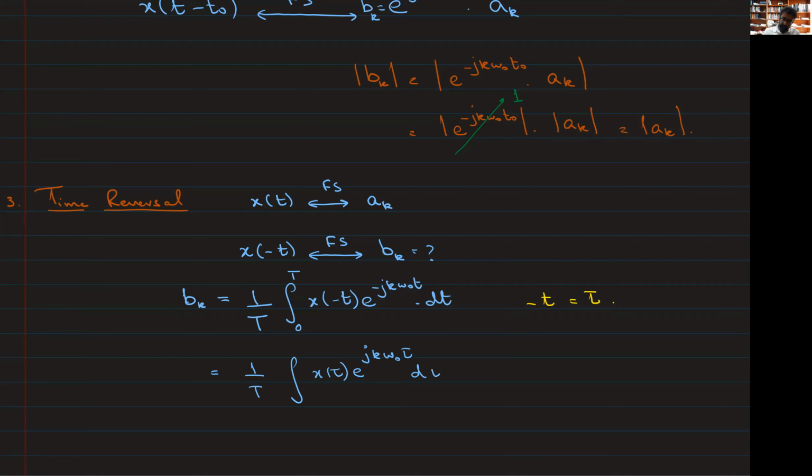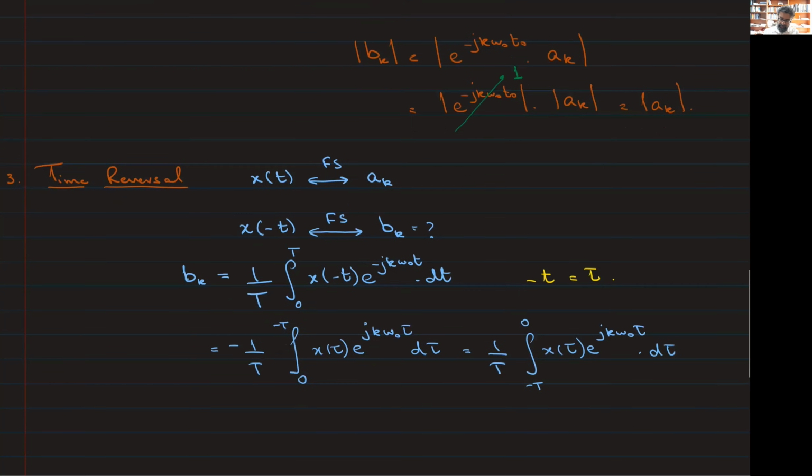So there's a minus sign here outside, and the limits are 0 and minus T, right? Now I can incorporate the minus sign inside of the integral. So this is 1 upon capital T, the integral from minus T to 0 of x of tau e raised to the power j k omega naught tau d tau, right?